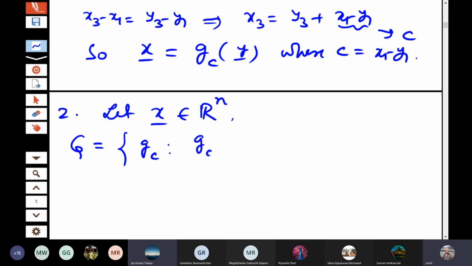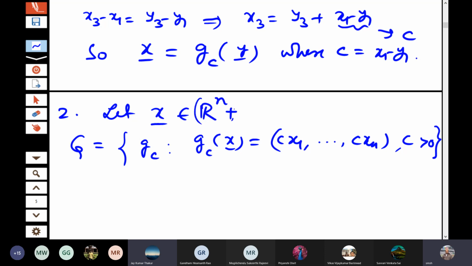GCX is given by CX1, CX2, CXN, where C is, say, a positive number. Here I may consider this to be Rn plus. That means I am taking the positive quadrant. I am taking this positive because since multiples are there, if I consider 0 or a divisor is coming, then it will create a problem. So therefore I am taking Rn plus here.